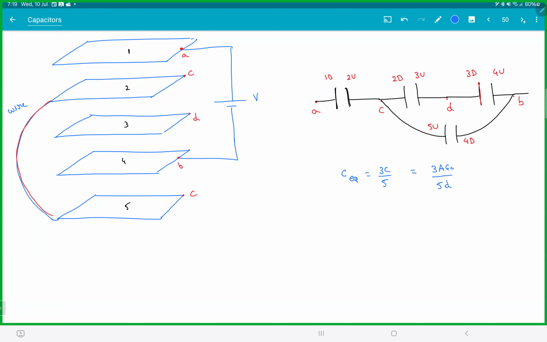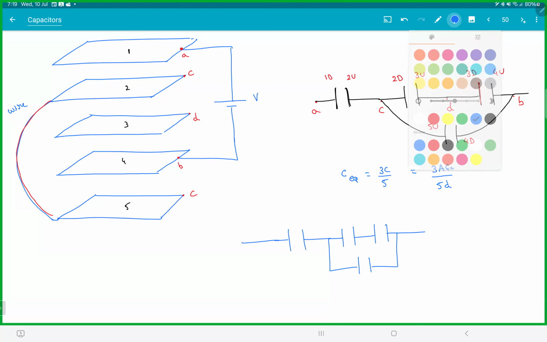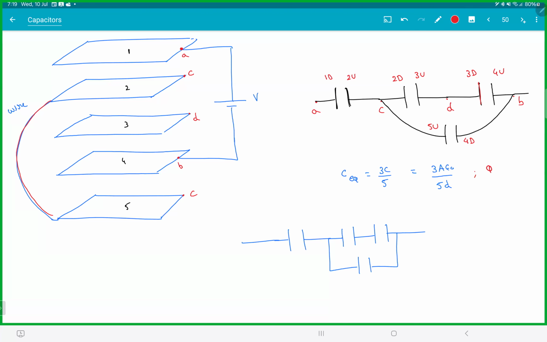Have a look at this. Now, if you look at the charge distribution, so Q is equal to 3CV by 5.